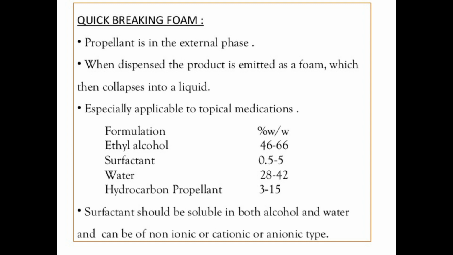The first ingredient is ethyl alcohol, and next are surfactant, water, and finally hydrocarbon propellants. Here we take weights in weight by weight percentage. Surfactants should be soluble in both alcohol and water and can be of non-ionic, cationic, or anionic type.